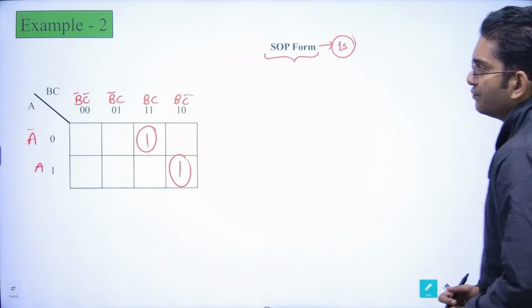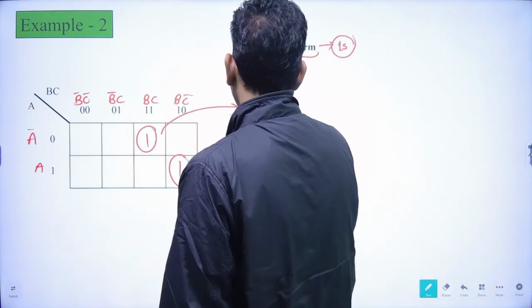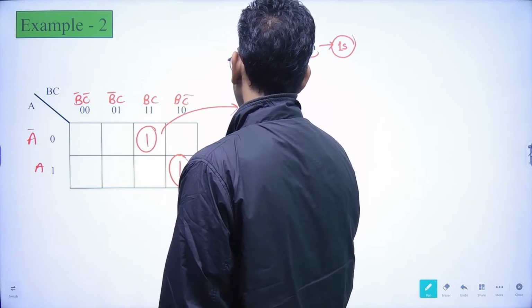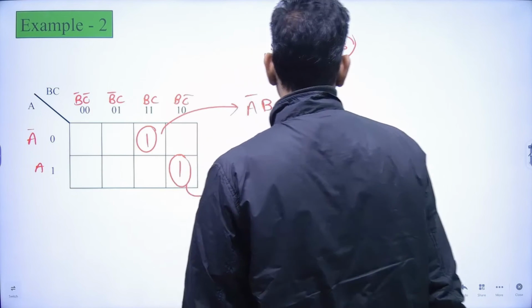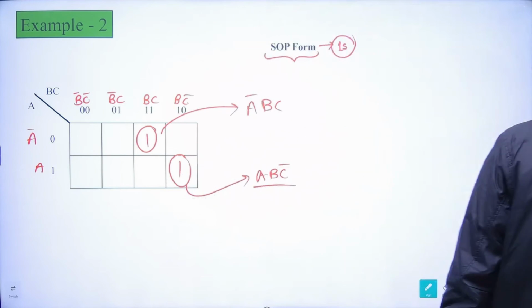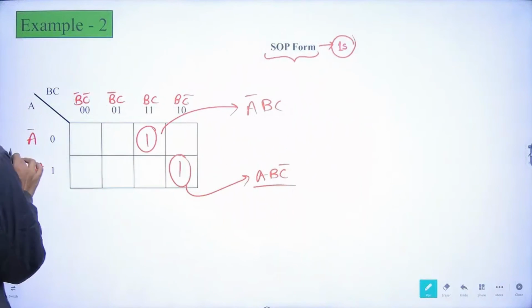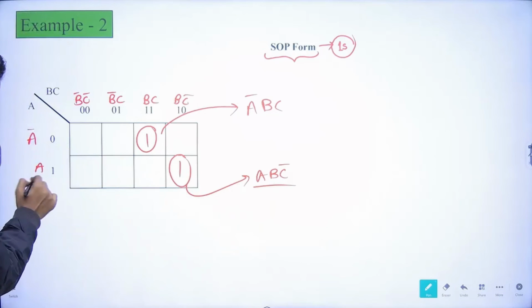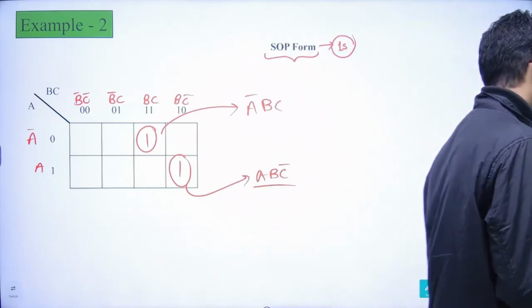So now first write for this, it would be A bar, B and C, and for this it would be A, B and C bar. So how are we getting this for this particular one? A bar from here and B and C from here. For this particular one, A from this row, and B and C bar from this particular column.